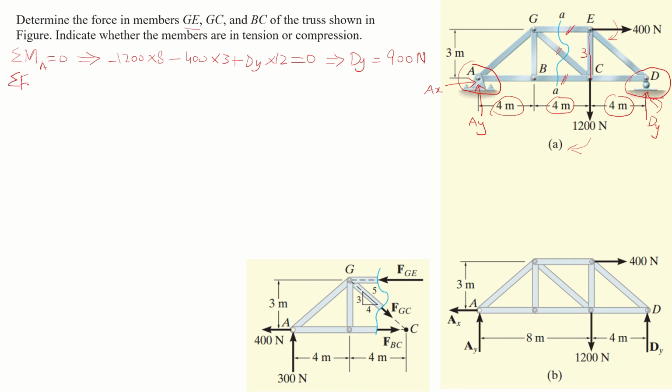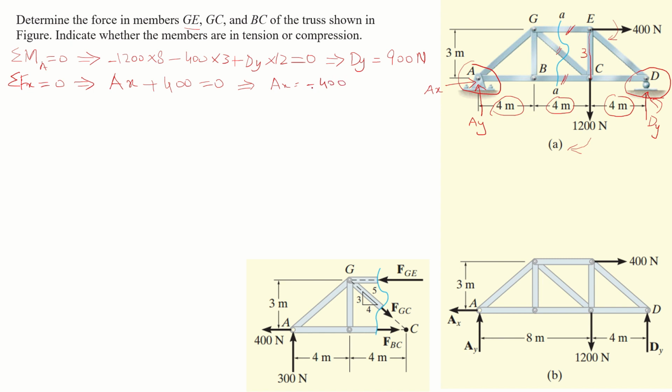Sigma fx is equal to 0. This implies that ax plus 400 is equal to 0. So it means that ax is equal to negative 400.